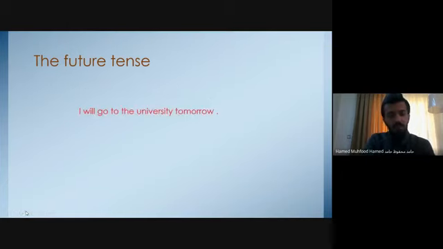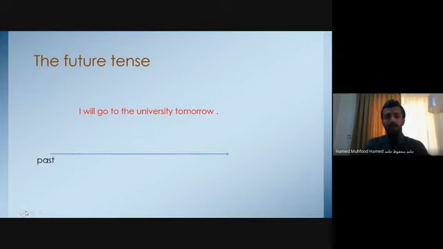So now, for example, let us look at this sentence. I will go to the university tomorrow. This sentence is in the future tense, right? So if we imagine that we have such a scale of time represented by this arrow, at the beginning it's past time, right?